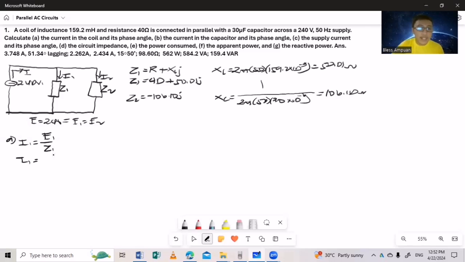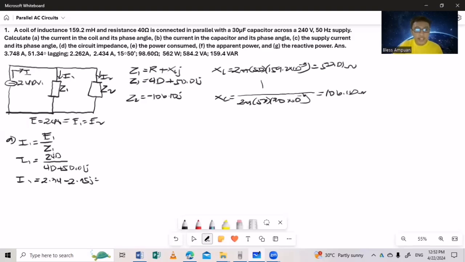So our E sub 1 is just equal to 240, or equal to the supply voltage. And then our Z sub 1 is already available, which is 40 plus 50.01 j. So our I sub 1 is equal to 2.34 minus 2.95 j.